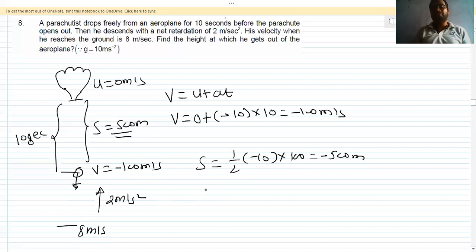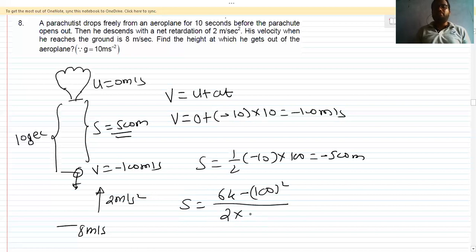Now this distance we can calculate by using the formula s is equal to v squared, final velocity 64, minus initial velocity 100 squared, divided by 2 into a, which is minus 2. So if you calculate it, you will get somewhat like 8 minus 100, 92 into 108 divided by 4.